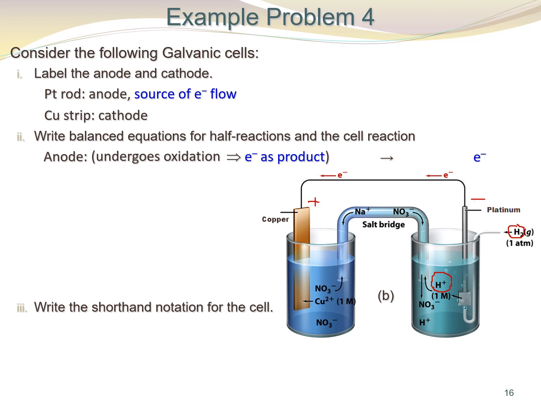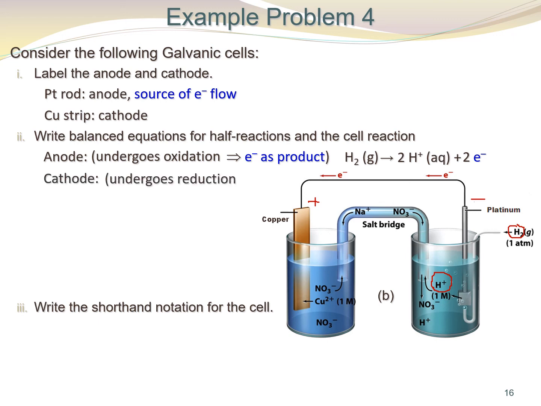Which one should we put on the same side as the electron? H plus, of course. And then we put H2 on the other side. And of course, that leaves 2 electrons for this equation to be balanced.